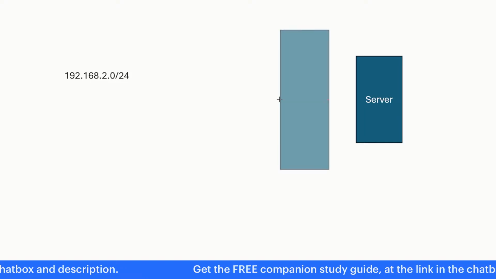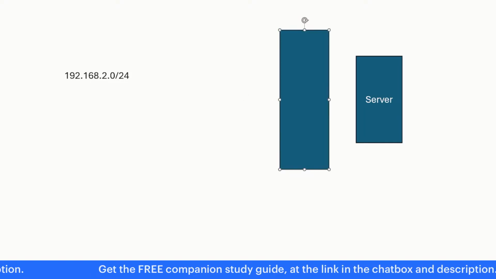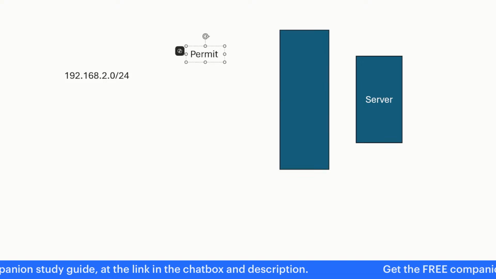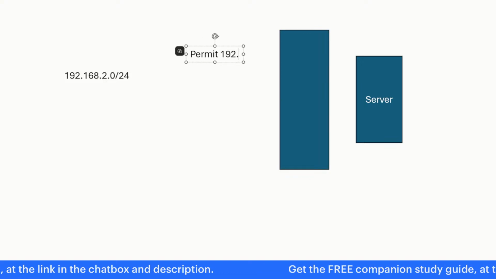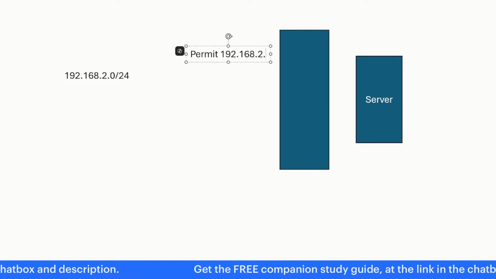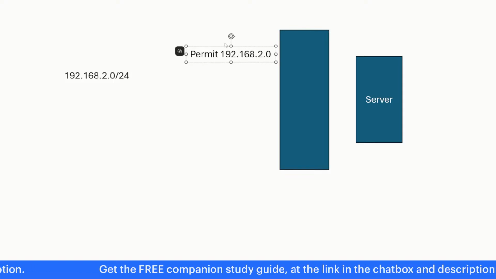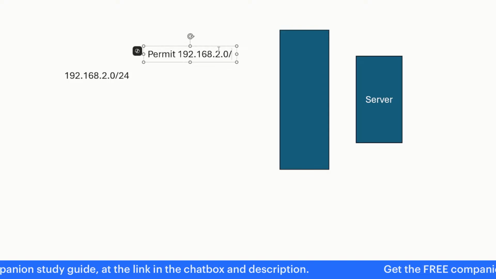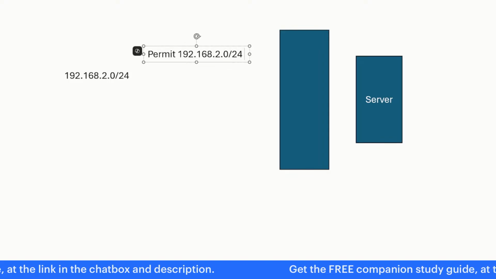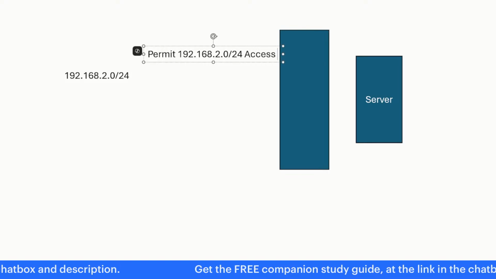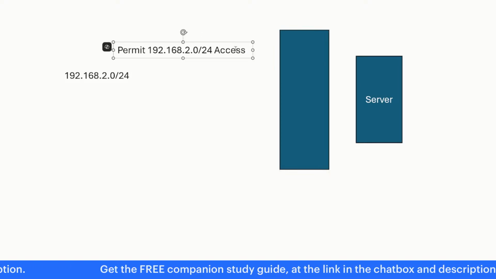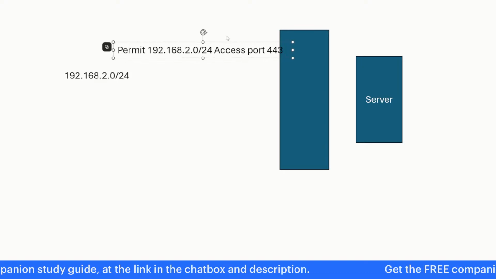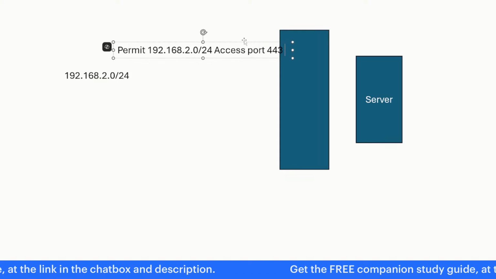We can say on this one, permit 192.168.2.0/24, so we know it gets the entire subnet, to be able to access port 443 on the server, and then we would put the server.